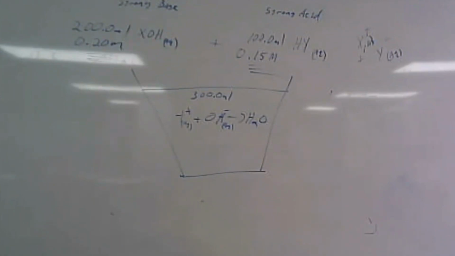The final temperature of the combined solutions, let's just keep the change in temperature real simple to do. So the final temperature is 24.0. What was initial again? 20.0.